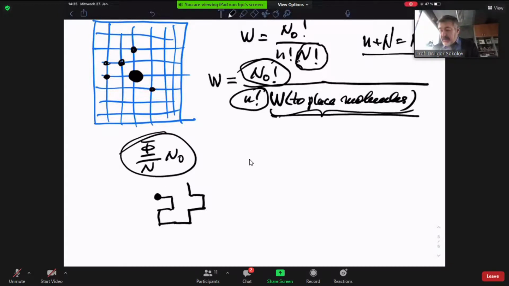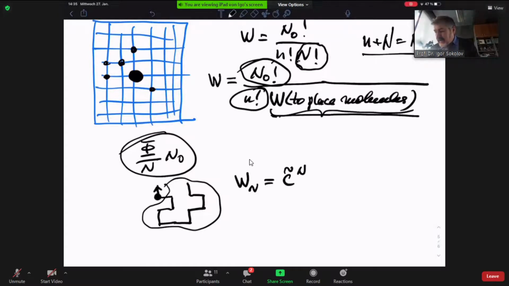In total there is a constant number of ways of placing this molecule for a fixed number of monomers. If the beginning is fixed, then the number of ways to place the rest is c to the power of n, n to the power of gamma.